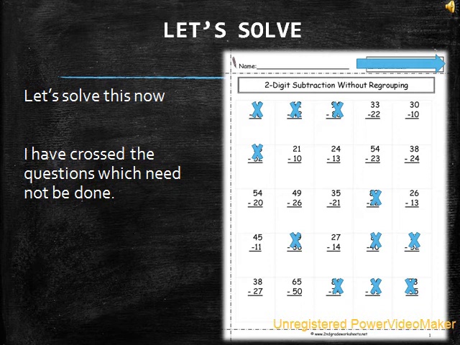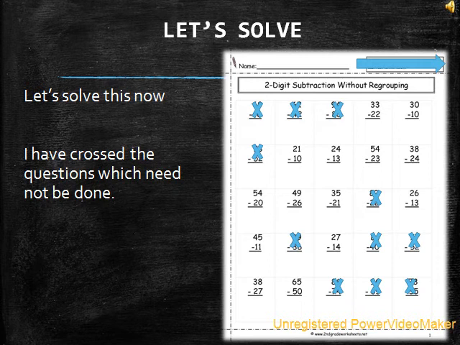Okay, let's study another example now. 30 minus 10. So students, what is 0 minus 0? We have already studied the concept of 0. So what is 0 minus 0?